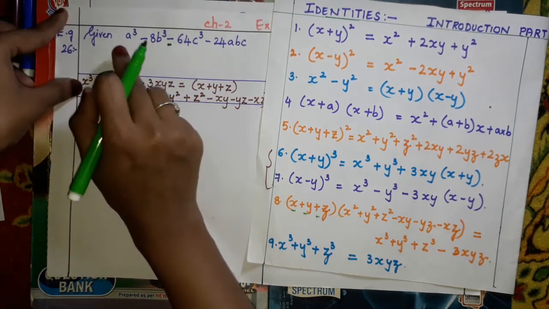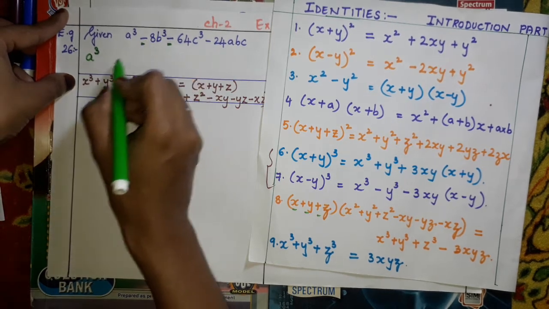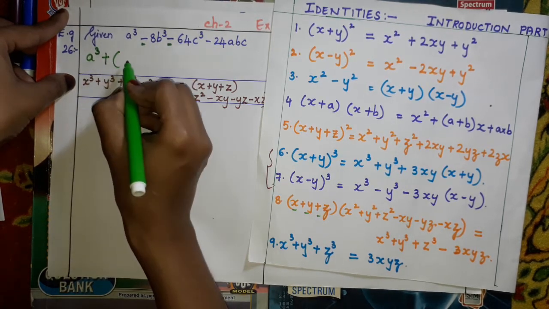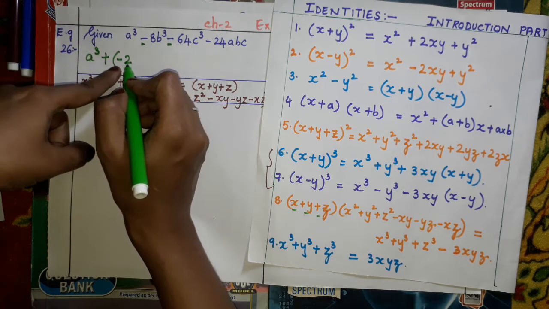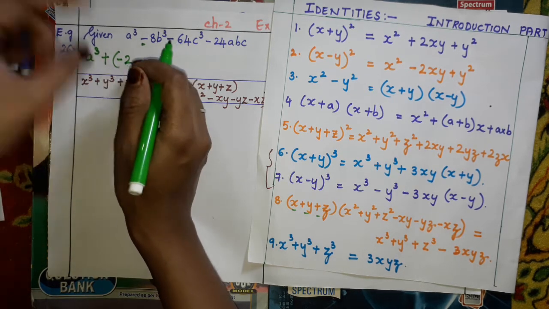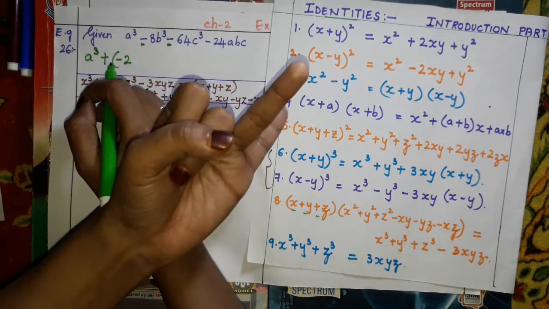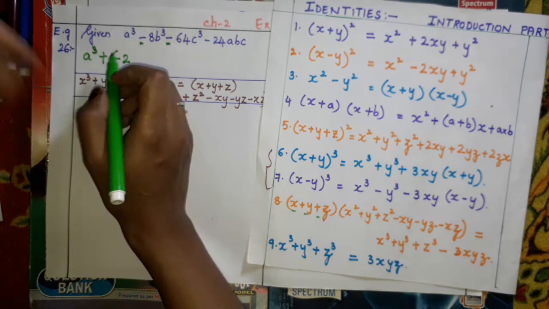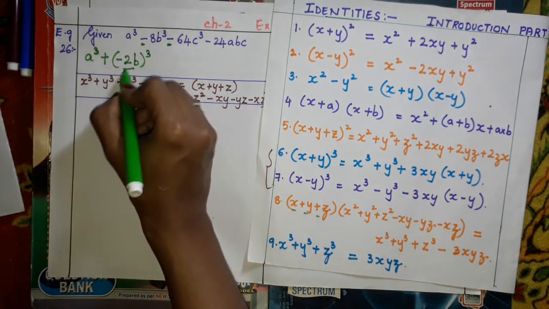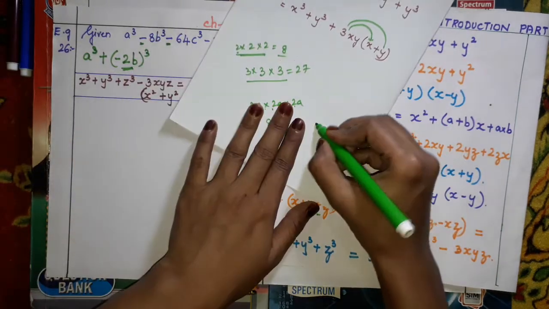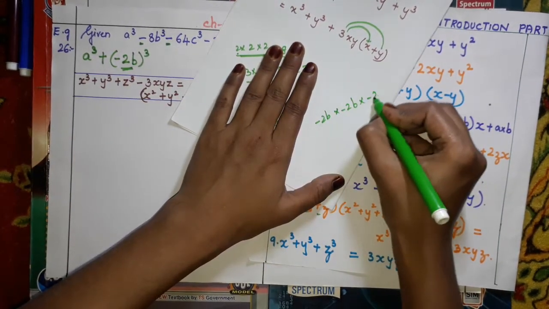So what we must do, a cube is nothing but a cube as it is. Here we can write plus, then in bracket minus 2b whole cube, because 8 is nothing but 2 2s are 4, 4 2s are 8. Now minus 2b into minus 2b into minus 2b.